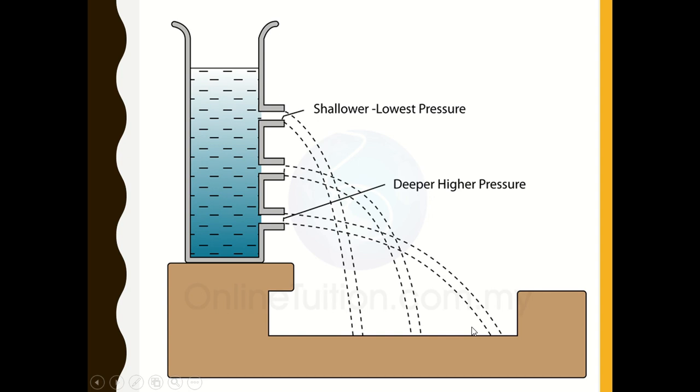You can also see this in your practical life. If you stay in a 10-story building, then the speed of water will be slower than for the people who stay on the third floor or first floor, because the more the depth, the more the pressure.